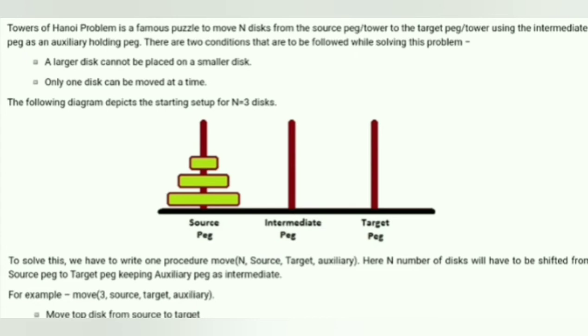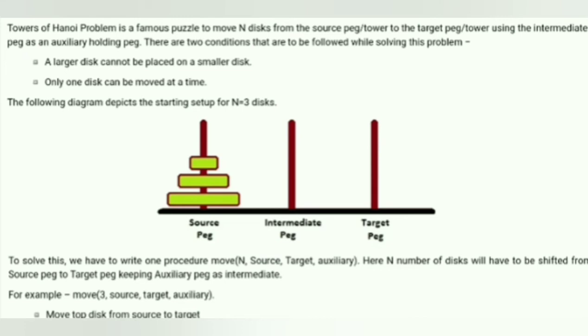So the topmost disk, that is the smallest one, will be moved from the source to the target. Then the topmost disk from the source, that is the intermediate size disk, will be moved to the intermediate peg. The topmost disk from the target, that is the smallest one, will be moved from the target to the intermediate.